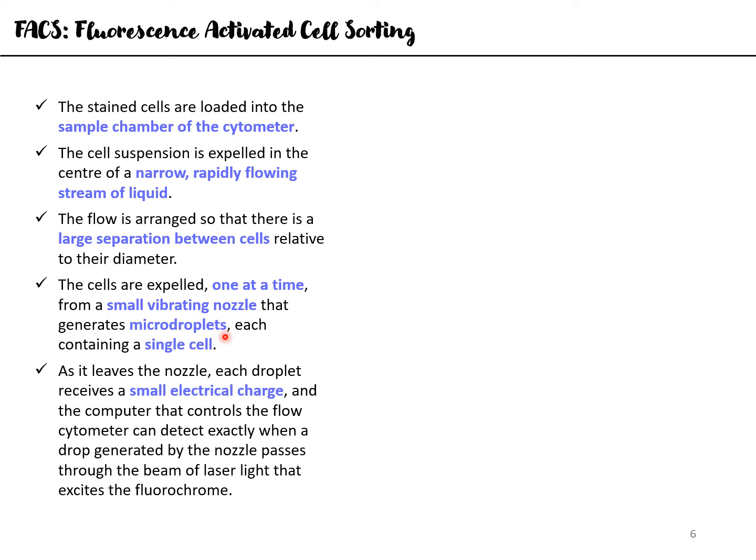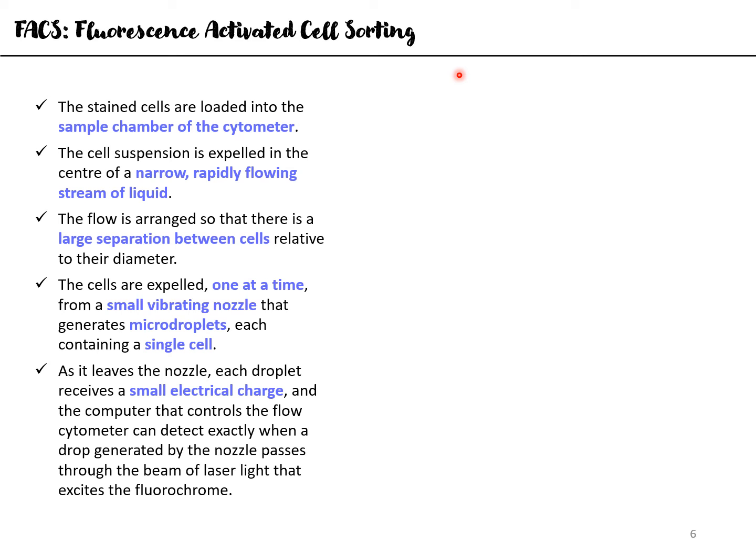Now, as it leaves the nozzle, each droplet receives a small electrical charge. So this electrical charge would actually help with the sorting later on. We will discuss how.